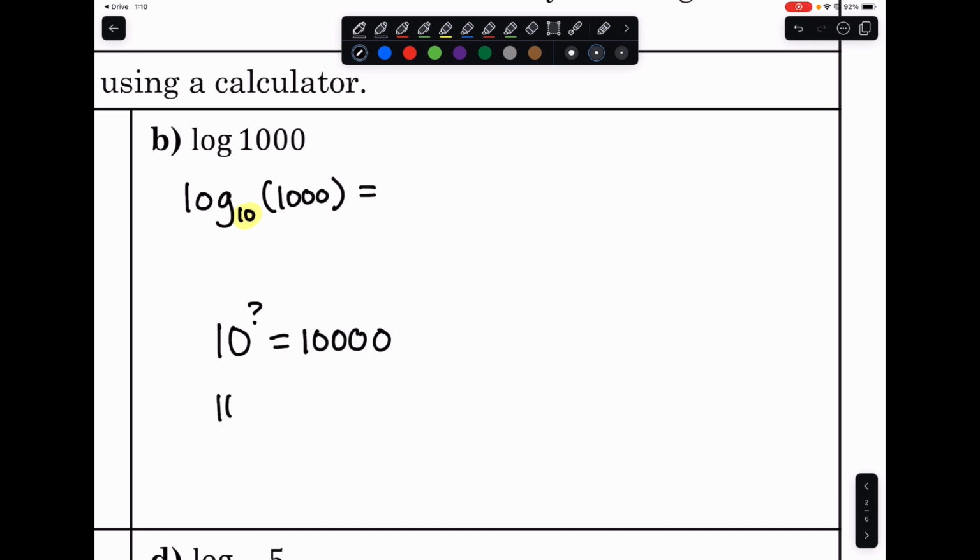Well, 10 to the second power equals 100. 10 to the third power will multiply 100 with another 10, which is 1,000. So that is our answer. Raising 10 to the third power equals the value of 1,000. So this is our solution.